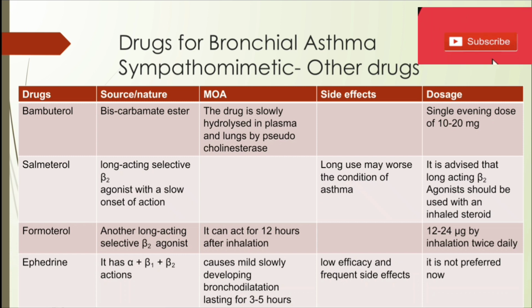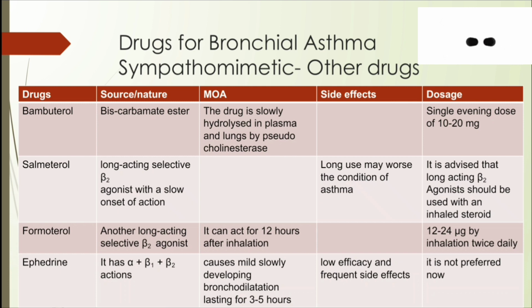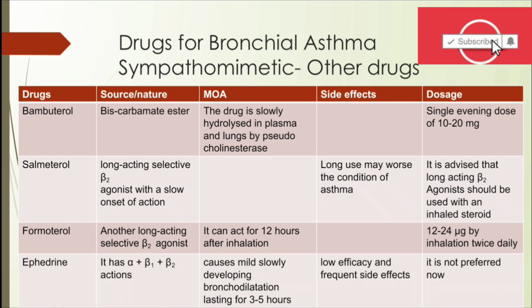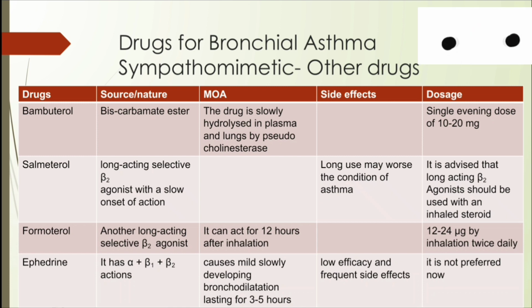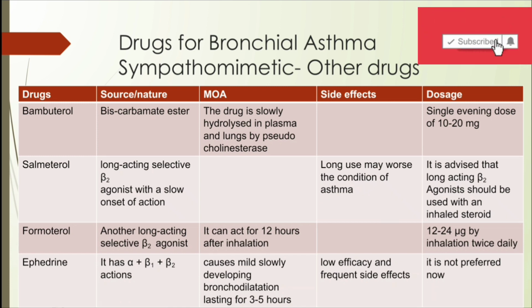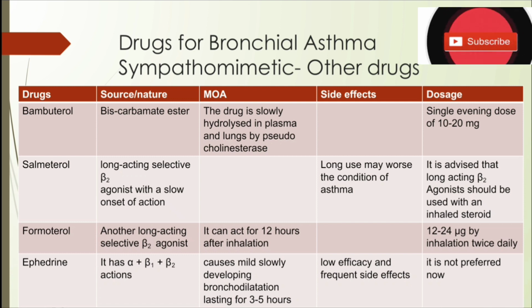The mechanism of action is that this drug is slowly hydrolyzed in the plasma and lungs by pseudocholinesterase to release the active drug over 24 hours. This reversible inhibition of pseudocholinesterase occurs in a dose dependent manner.